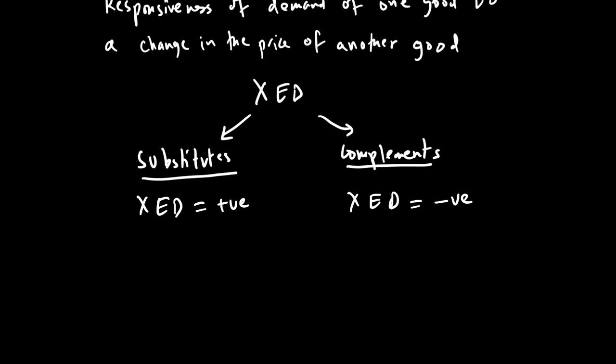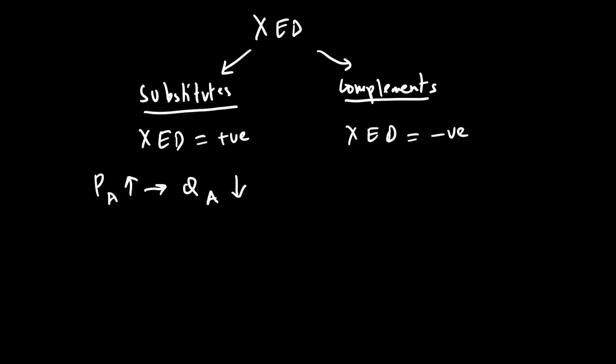Positive XED means basically that when the price of, let's say, good A goes up, we know that the quantity demanded of A will fall because of the downward sloping demand curve. But if the price of A is going up, A is becoming expensive, then if there is a good B out there which is a substitute to good A, for example, Coke versus Pepsi, when the price of Coke goes up, people buy less of Coke, but the demand for Pepsi will go up.